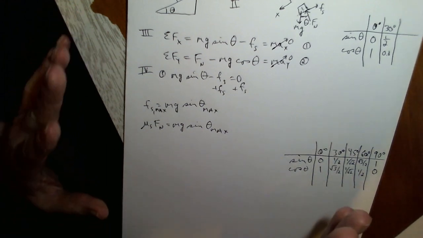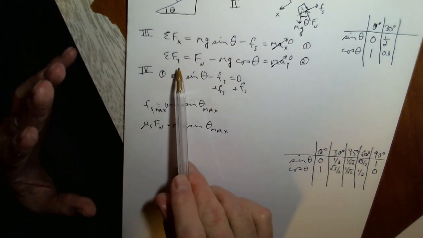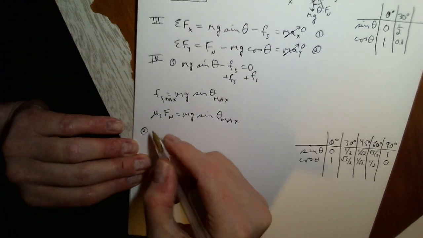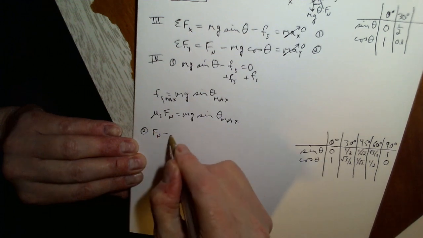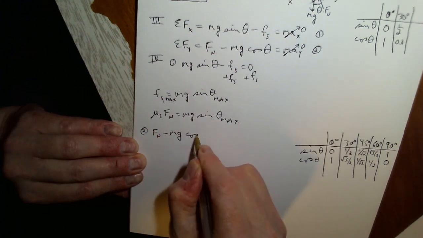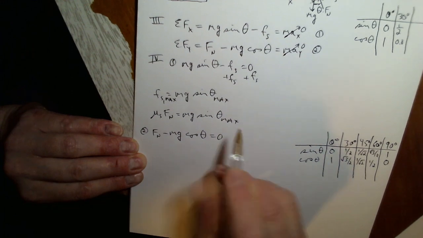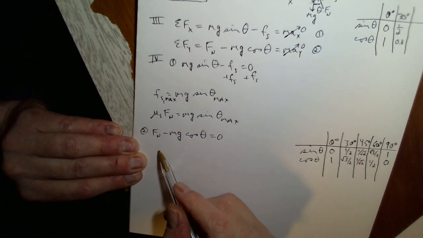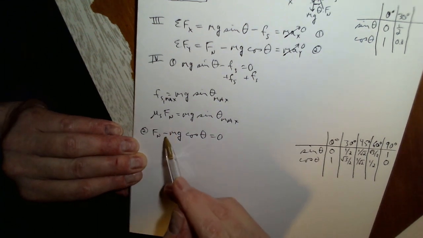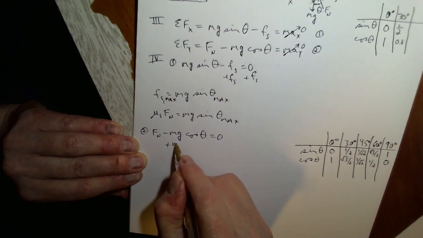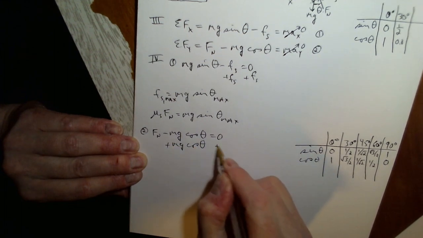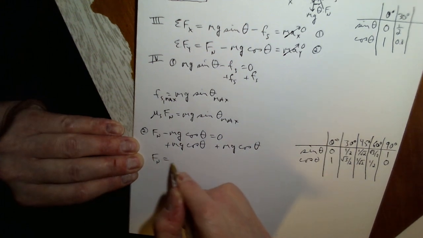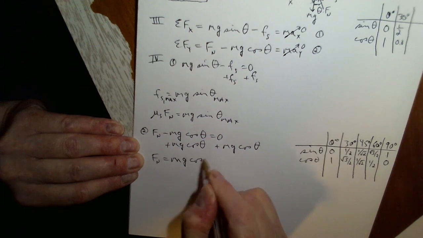The normal force depends on the weight. Let me take a look at equation 2. So equation 2 says that normal force minus mg cosine theta is equal to 0, because the thing's not leaping off the track. So I want to solve for the normal force here to plug in there. So I add mg cosine theta to both sides. And I get normal force is mg cosine theta.